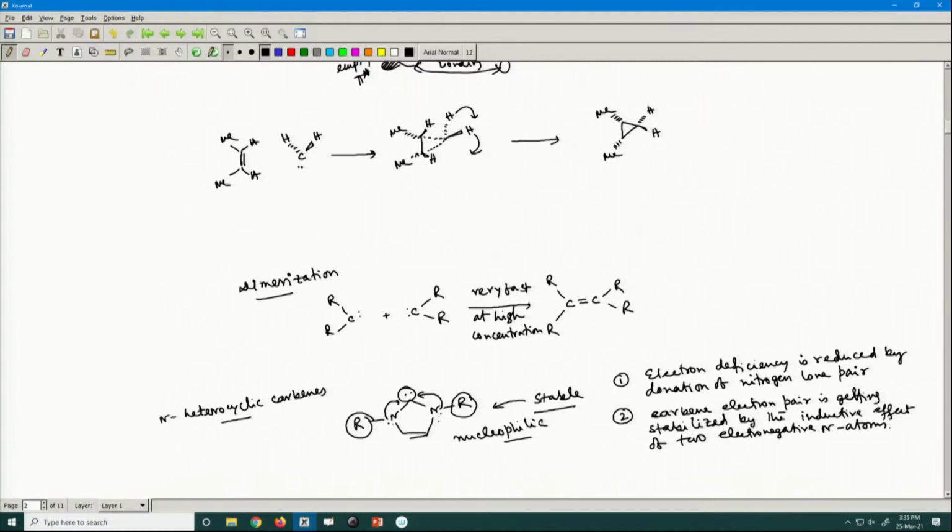Okay. So, that is basically like this way. And number 3, which is very important, which I was discussing for dimerization also, is that for this type of N-heterocyclic carbenes, this dimerization is prohibited because of this bulky R group. Okay. These bulky R groups prevent the dimerization.